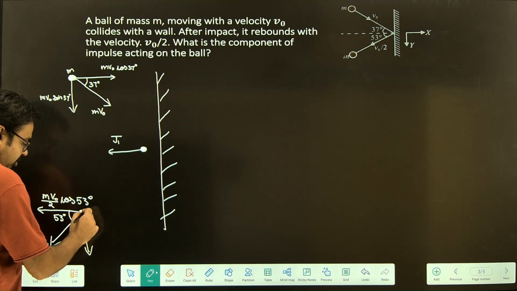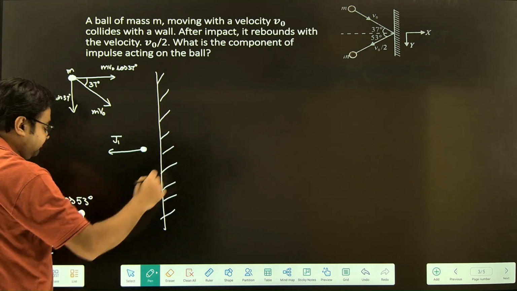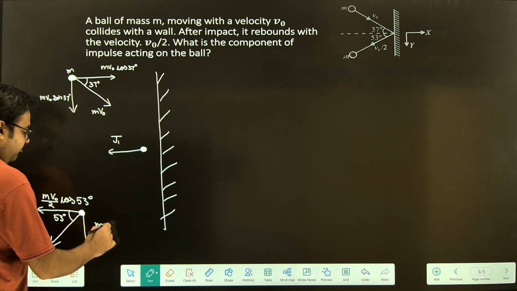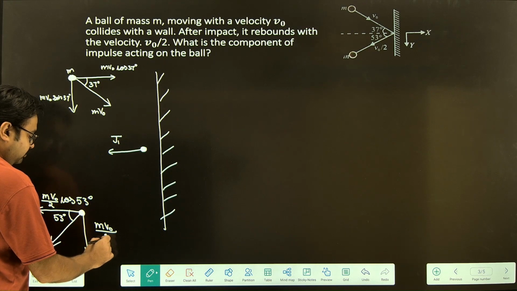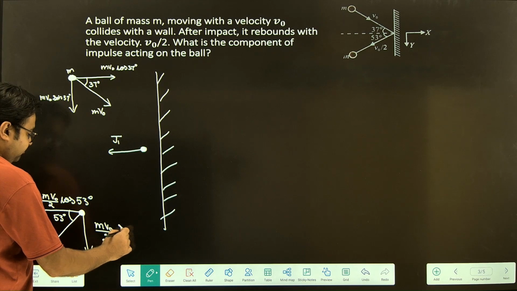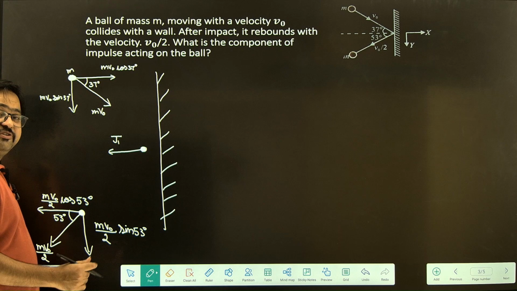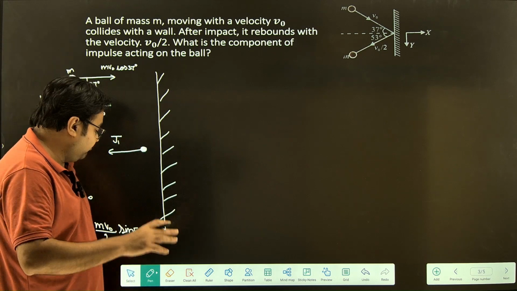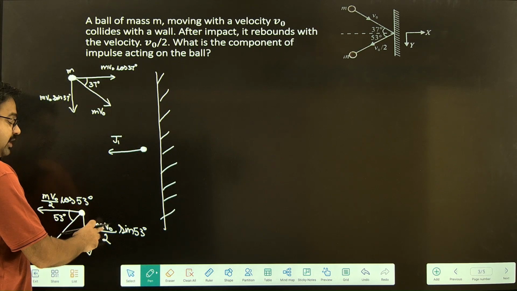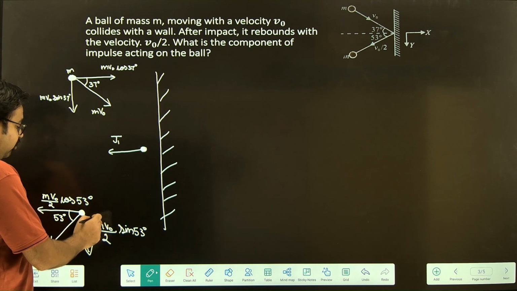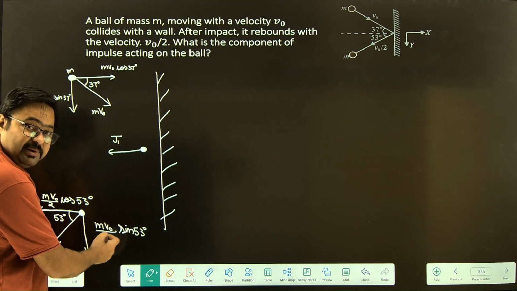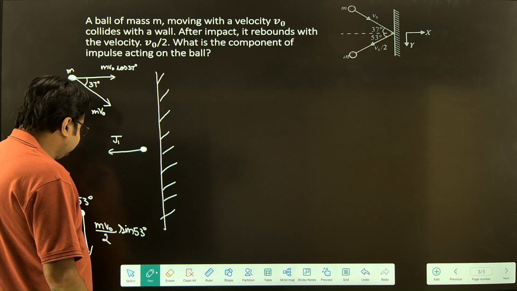And then the momentum along the positive y direction is mv naught divided by 2 sine 53 degree. Sine 53 degree is 4 by 5. 4 by 5, after multiplying with 2, becomes 4 divided by 10, which is 0.4.